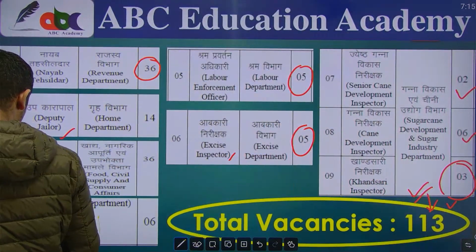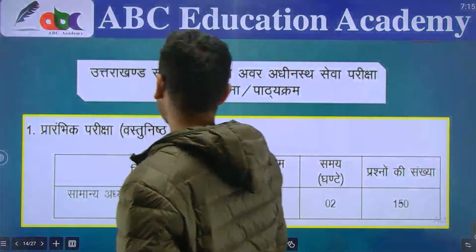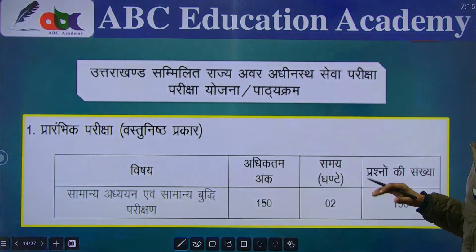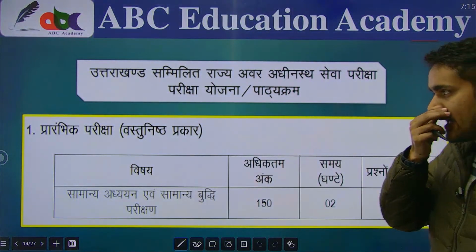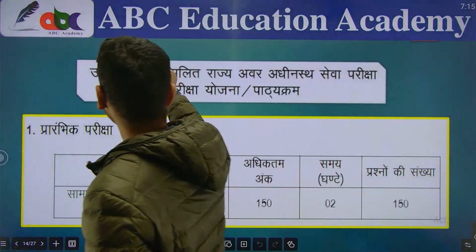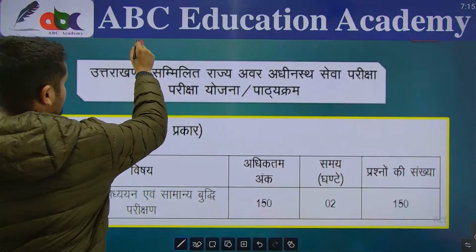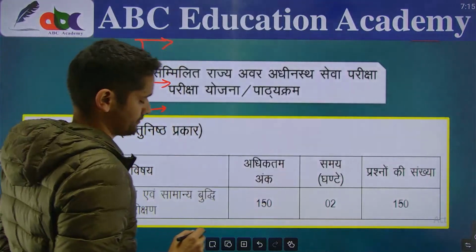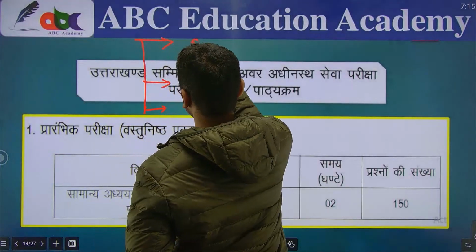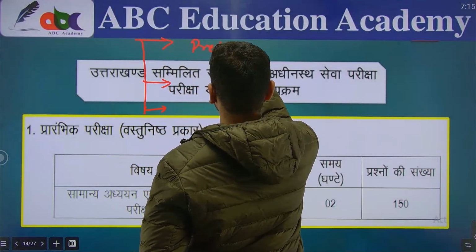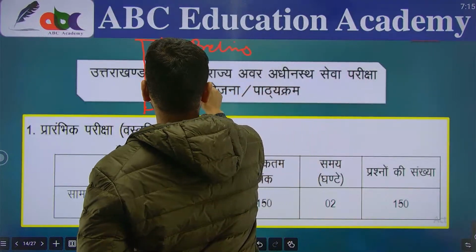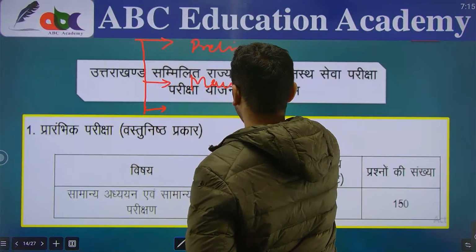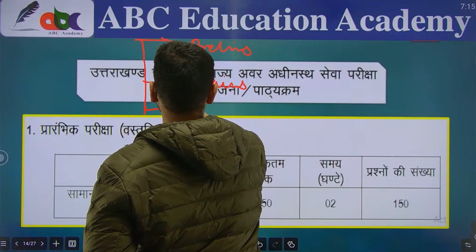Let's move ahead. Now we will discuss the pattern of this examination. As you all know, this examination is conducted in 3 phases. That is prelims, mains, and interview.